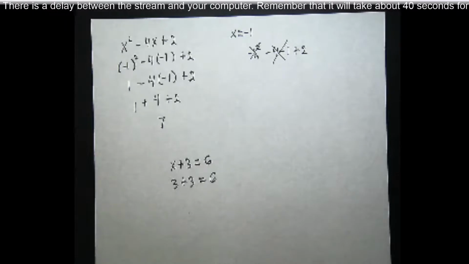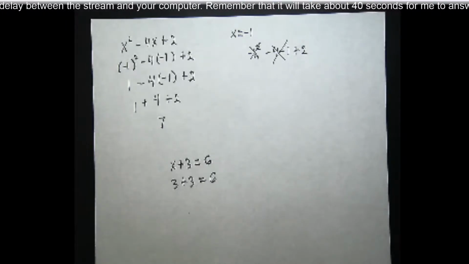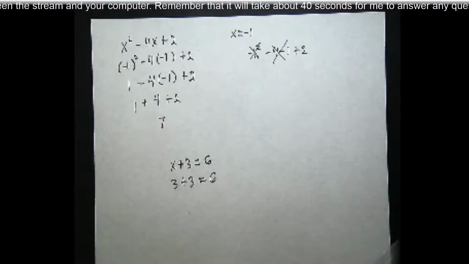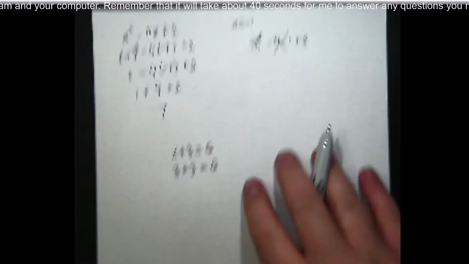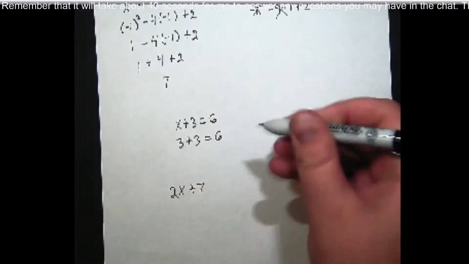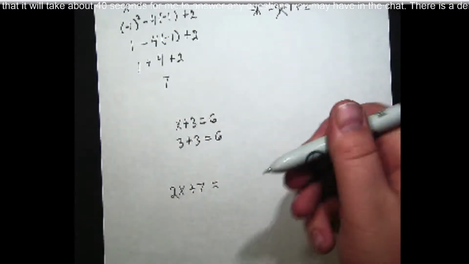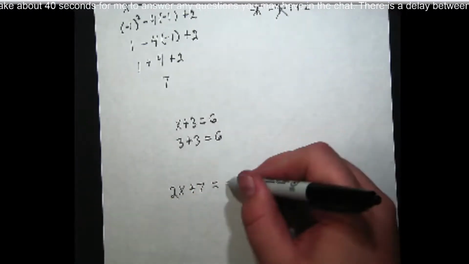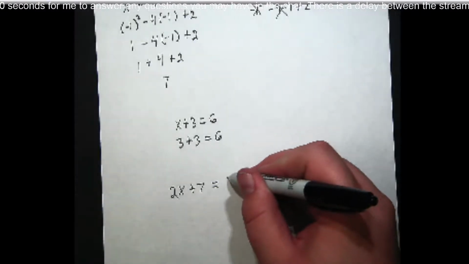So what about something slightly more complicated? Only slightly more complicated, though. How about 2x plus 7 equals, let's say, 13. Okay, again, only slightly more complicated.